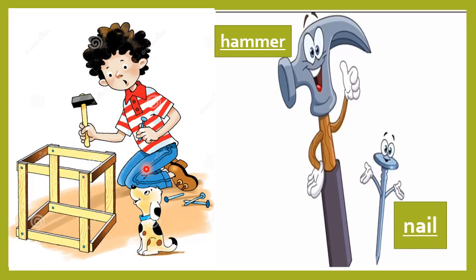So how will the carpenter make a table if he has a hammer only, without a nail? Is it possible? The answer is no. A carpenter needs both a hammer and a nail to make a table. So, hammer and nail is also a word pair. Let's see the next one.